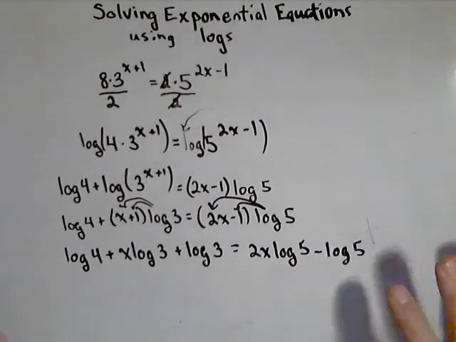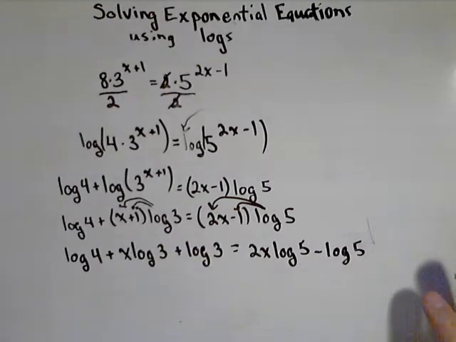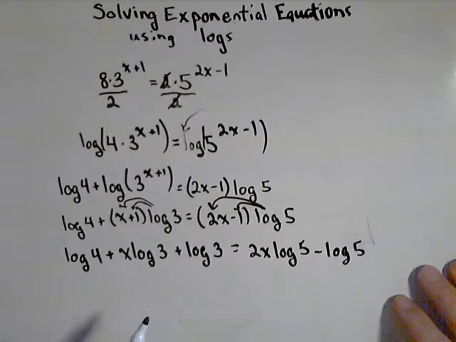Okay, so I know it looks a little bit messy, but it's not as bad as it seems. What you need to do is just think of log of 4 and log of 3 and log of 5. They're just numbers, but they're exact numbers. If we calculate them as decimals in the calculator, we lose some of our exact value.